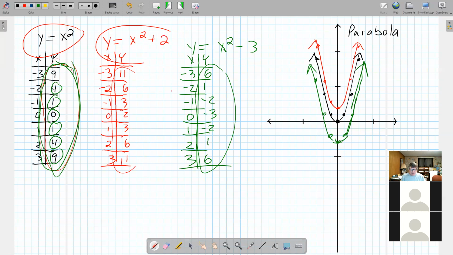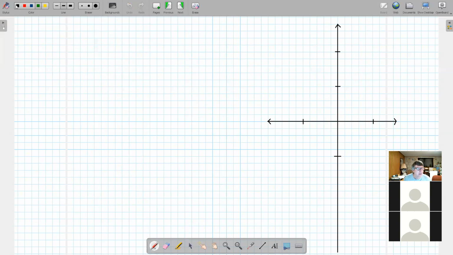So if we have something in the form of y equals x squared, if we add a constant, it moves up that far. If we subtract a constant, it moves down that far. You okay with that? Well, hopefully you are. Okay, now let's go to the next page. And let's see, how are we doing for time? We're doing okay. And let's go back to the graph of y equals x squared.